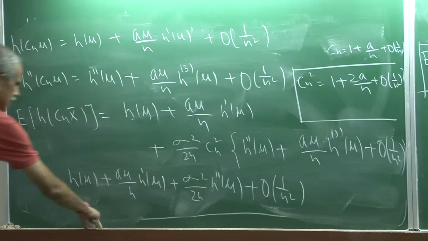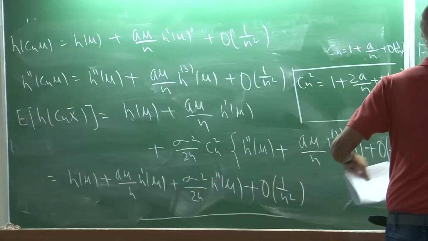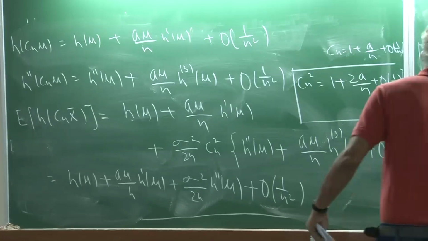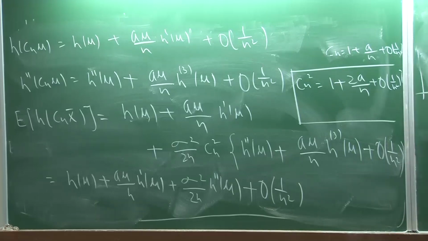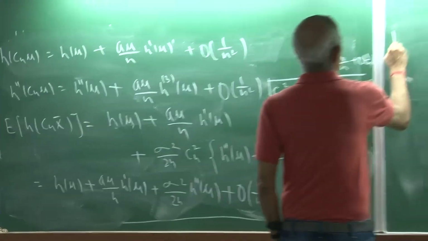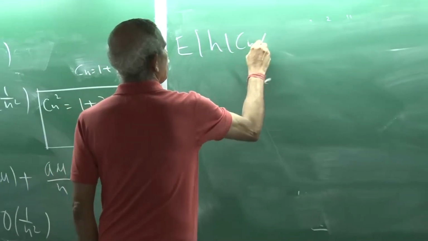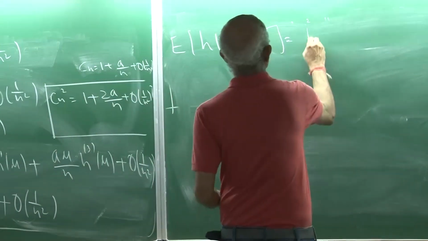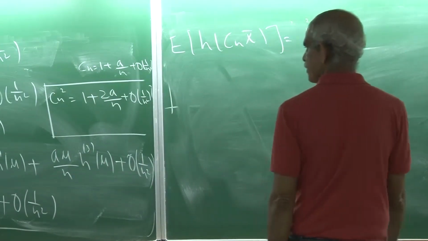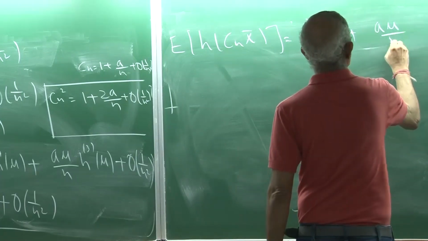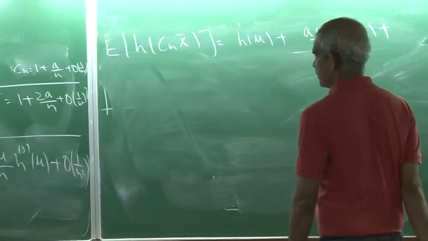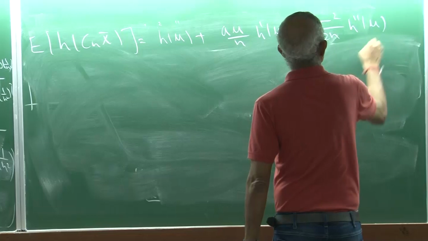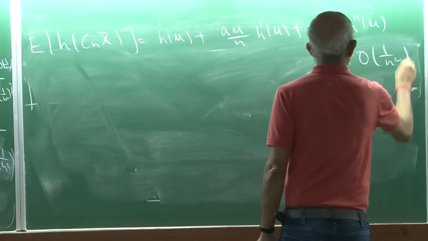So what I get is expected value of h of Cn x bar is same as h mu plus a mu upon n h prime mu plus sigma square by 2n h double prime mu plus big O 1 upon n square.